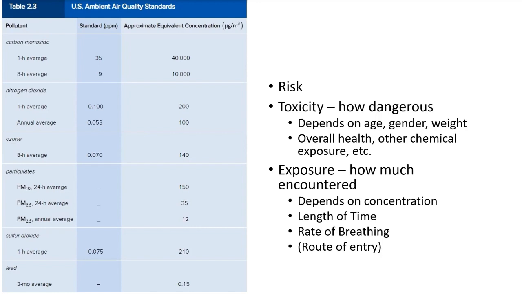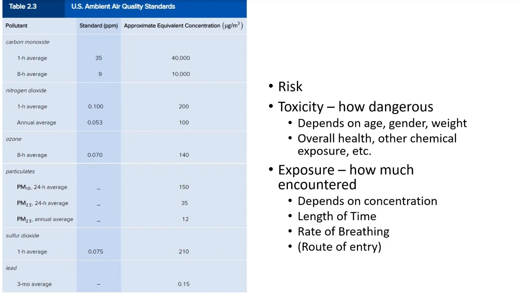Okay, so we have a limit for things like carbon monoxide, nitrogen dioxide, and ozone. Particulate matter, there isn't really a limit there. And I think that is probably because you have things like wildfires that can influence that are outside of people's control.